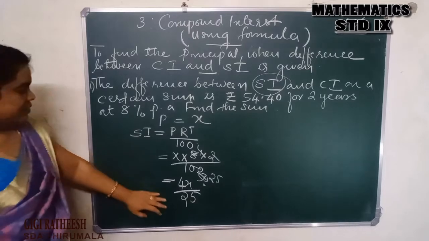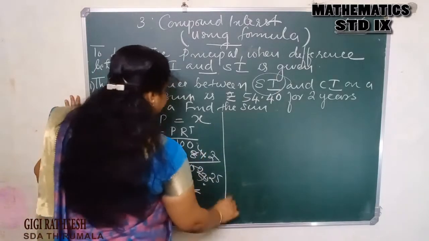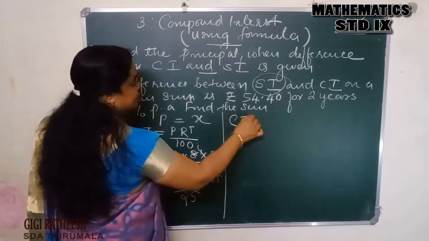SI is equal to 4x by 25, and then after that we calculate CI.